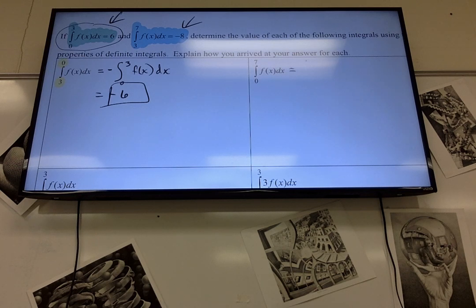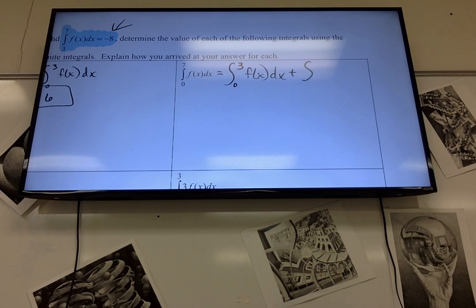It is the same thing as from 0 to 3, f of x dx, plus the integral from 3 to 7 of f of x dx. So that's 6 plus negative 8. And that's because 3 is in between 0 and 7. So that's why we can do that.